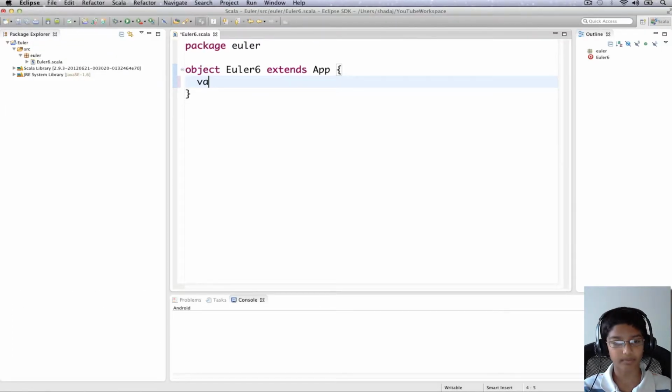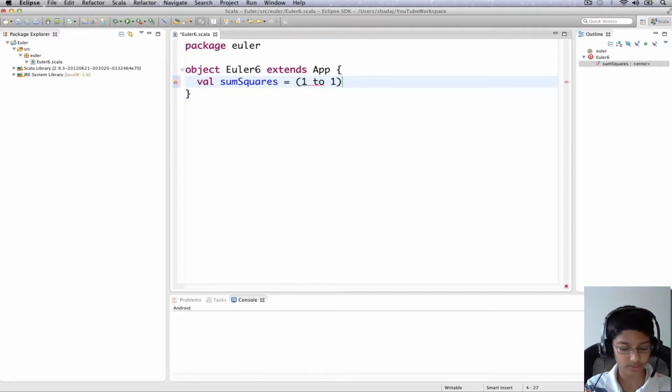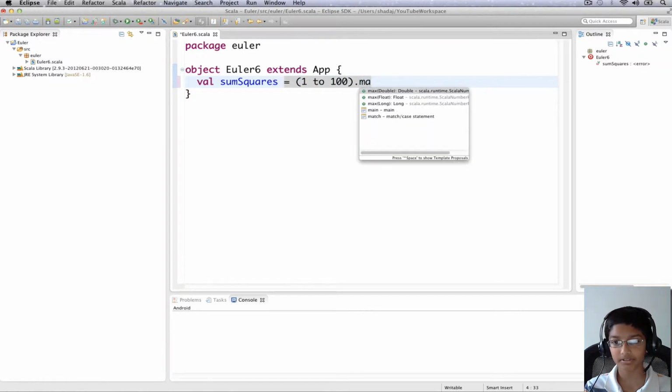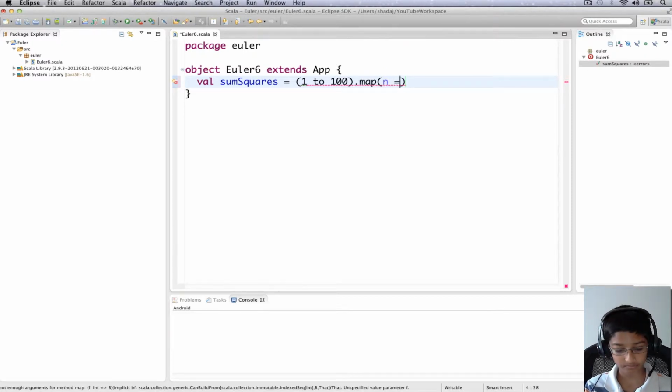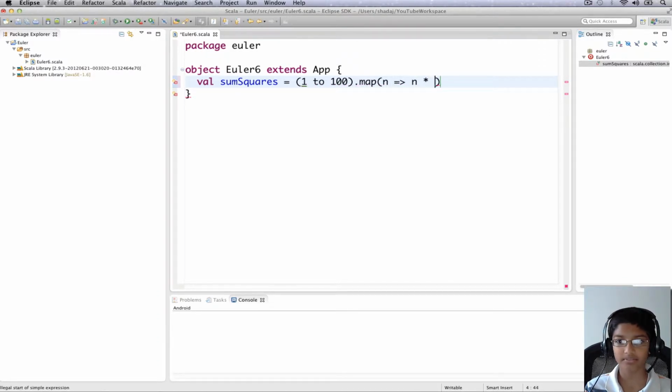So what I'm going to do is I'm going to have val sumSquares, and we'll start by creating our range, which is the first 100 natural numbers, 1 to 100. And then I'm going to find the square of all of these numbers. To do that I can do .map, and then I'm going to take my number and return our number times itself.